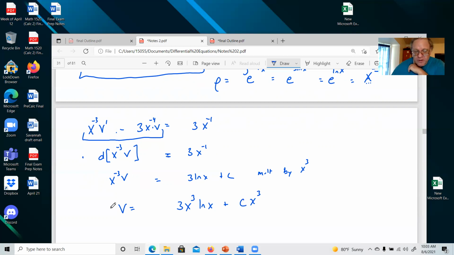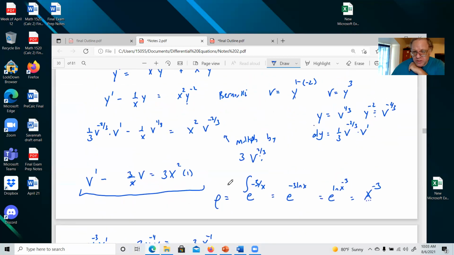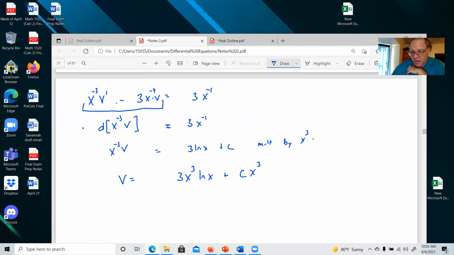And going back to our original substitutions, we had v was equal to y cubed, or y was equal to v to the 1/3. Recall, y was equal to v to the 1/3. This is v, so what we're going to say is y is equal to 3x cubed ln x plus cx cubed raised to the 1/3.